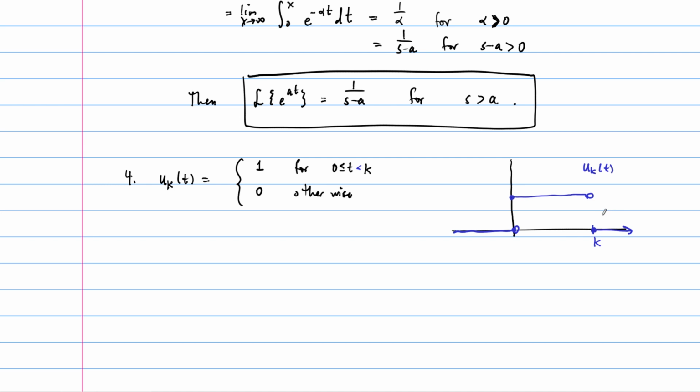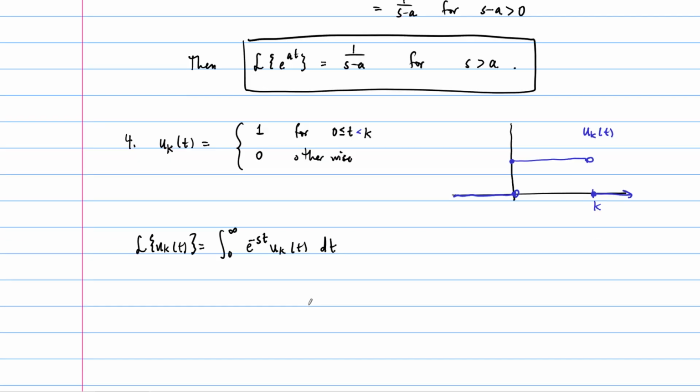And let's try to find the Laplace transform of this function. The Laplace transform of u sub k of t follows the same definition, right? It's the integral from 0 to infinity of e to the minus st u sub k of t dt. Before we plug in the limit definition, let's break up the integral based on our function u sub k.